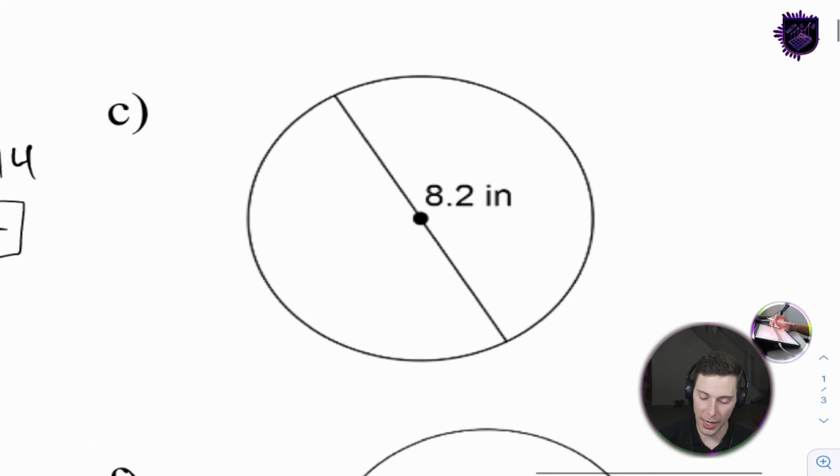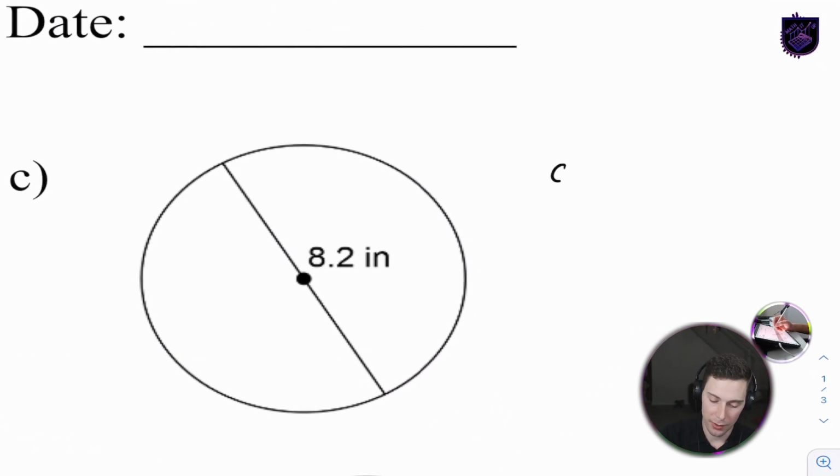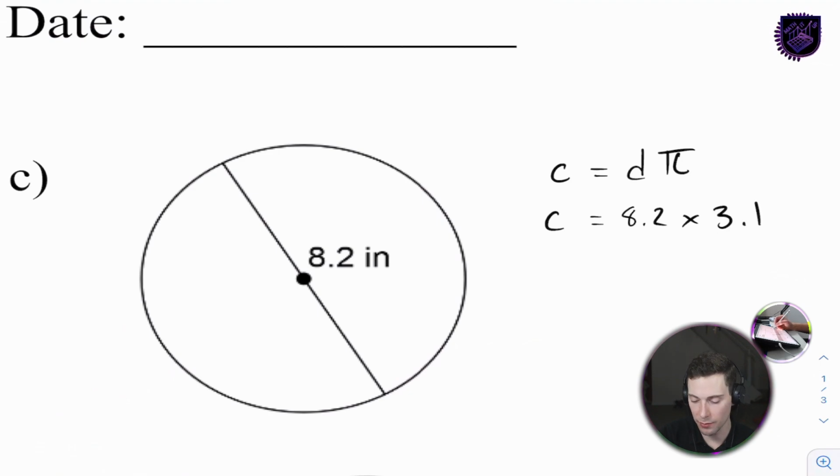Next question, back to being given the diameter. Circumference will be equal to diameter times pi, and we know the diameter is 8.2 and pi is 3.14.